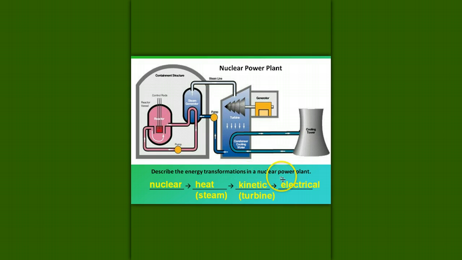So remember, mechanical to electrical, ME. Generators generate electricity. For who? For me. Right here. Mechanical in the turbine turning to electrical when the generator makes the electricity. And that's a nuclear power plant.